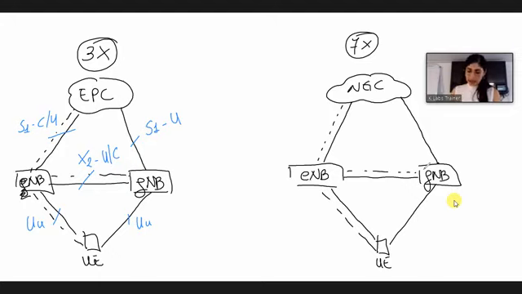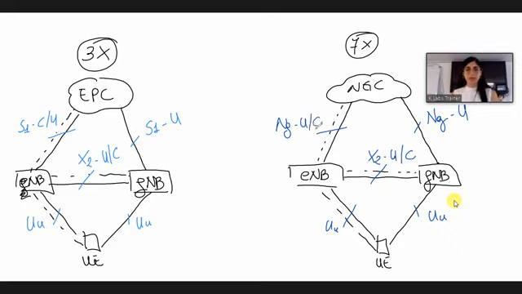In this case, the air interface remains the Uu interface. And also the interface to allow eNode B and gNode B to communicate with each other is still the X2, both user plane and control plane. But the interface to communicate with the 5G network is a new interface. It is called the NG interface. NG stands for next generation interface. So this NG interface from the gNode B side is only for user plane, and from the eNode B side, NG is for both user plane and control plane.